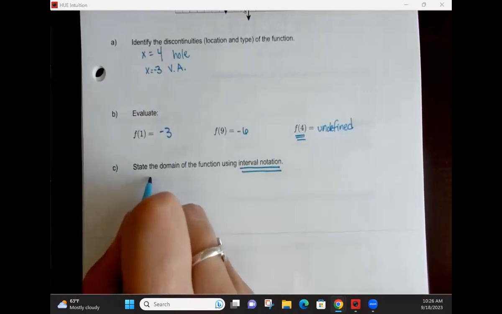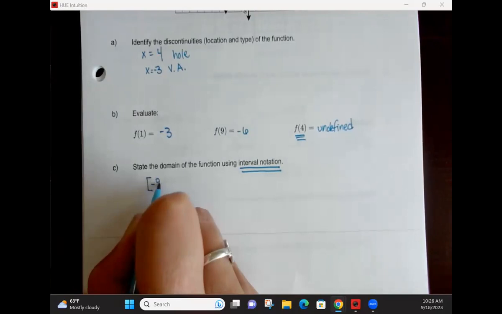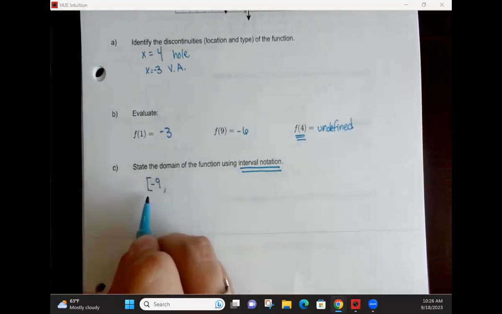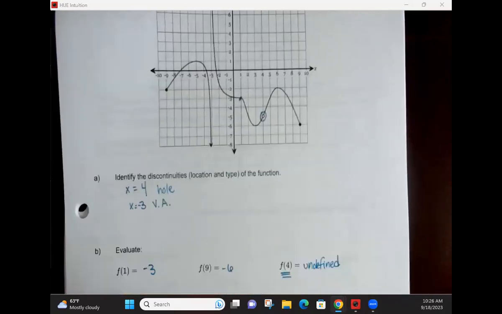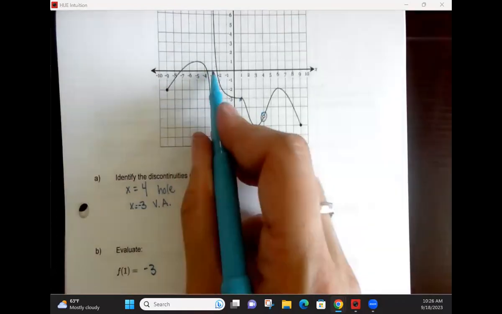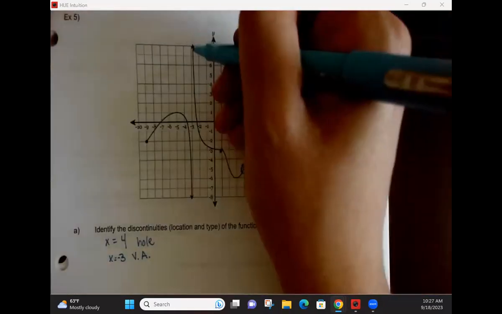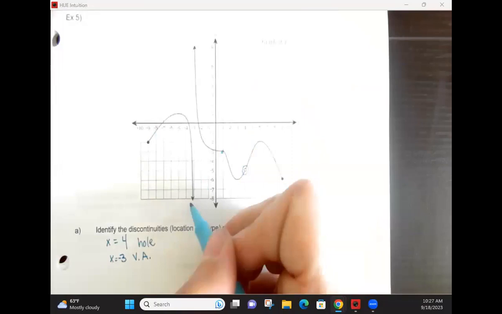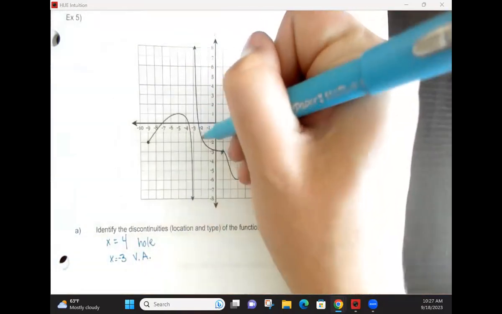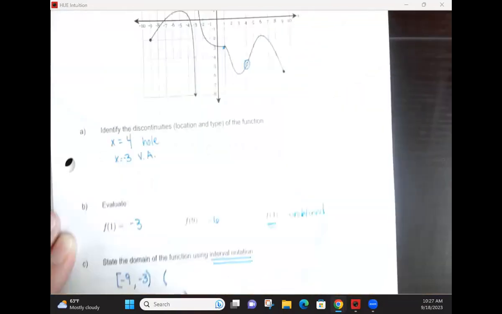You should have -9, including -9, so a bracket there. We include -9 up to -3, but a parenthesis on -3, because I cannot include -3 in the domain. And then our next piece will go from -3 until 4.